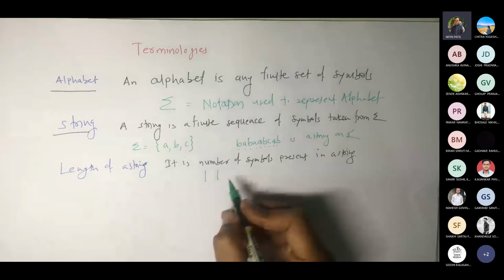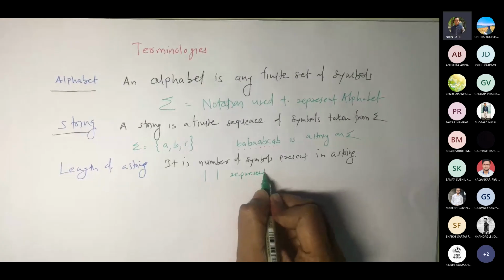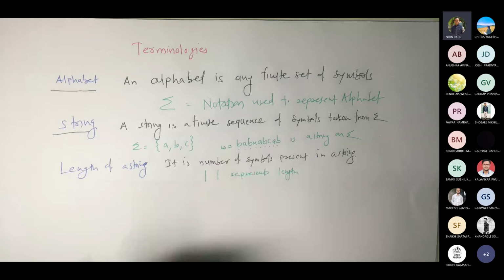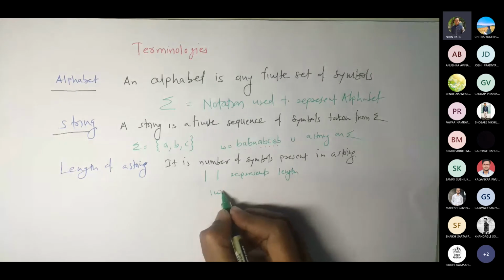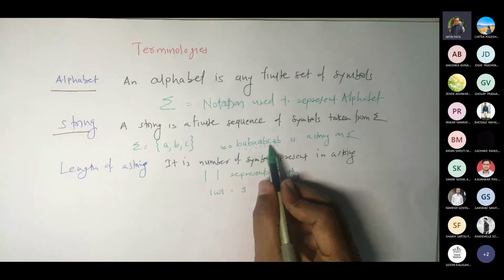This is used to represent length. So suppose this is string W, for example. Then if I talk about the length of W, it is 9. Correct? So 1, 2, 3, 4, 5, 6, 7, 8, 9.